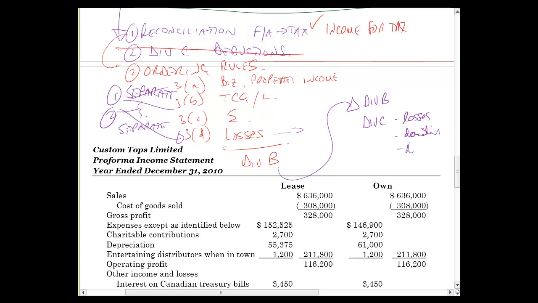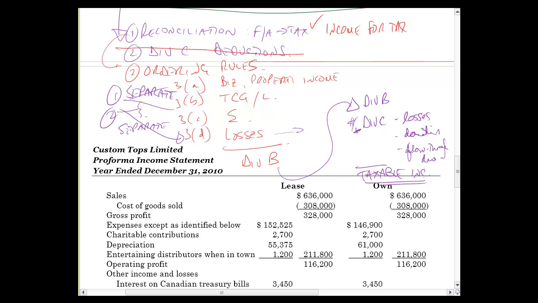Dividends, flow-through dividends. Okay, that's Division C, so this will be plus or minus Division C, and that will get us down to what number? Taxable income. And now we're ready to go and calculate taxes paid.